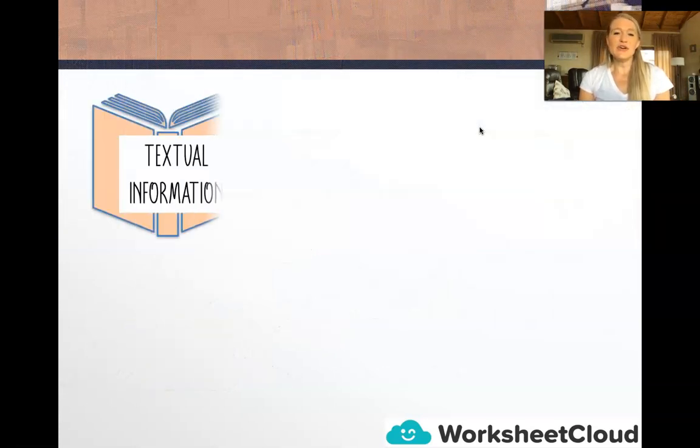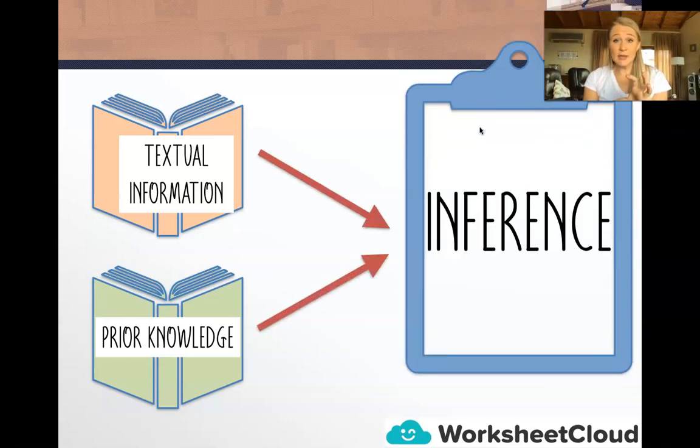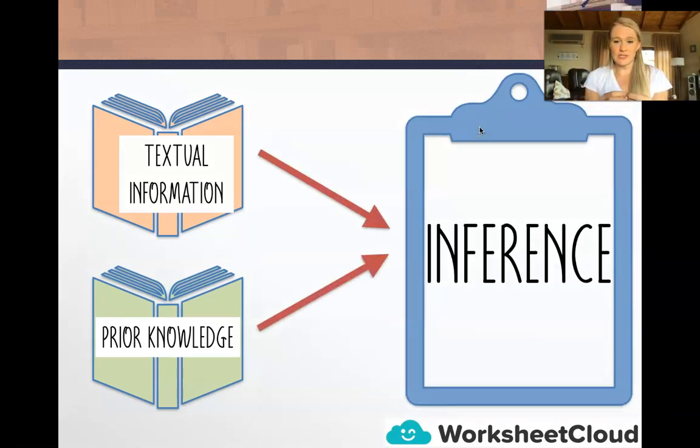Okay, so specifically, inferencing involves taking textual information, so information from a text of some kind. Then we take prior knowledge, so knowledge and things that we've learnt. So we take what we know, we take what we read, and together we can form an inference, right?